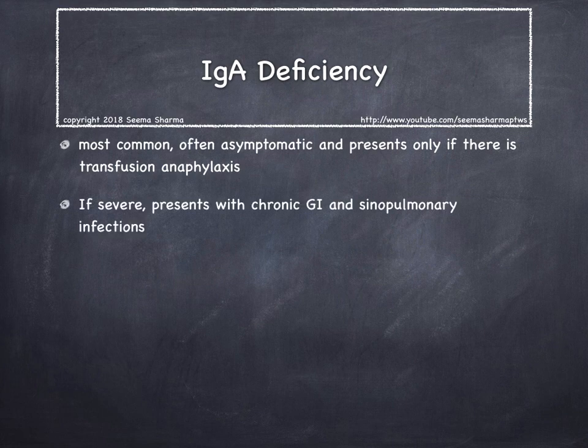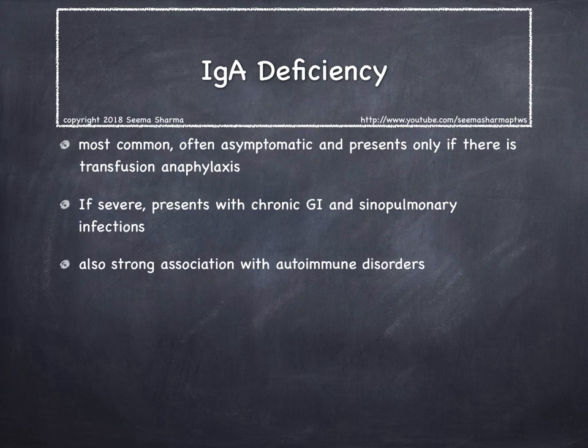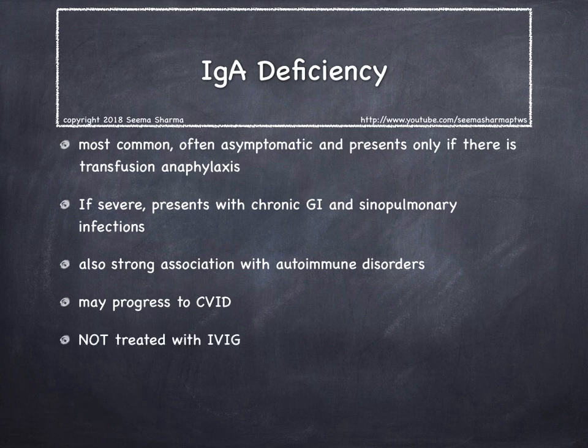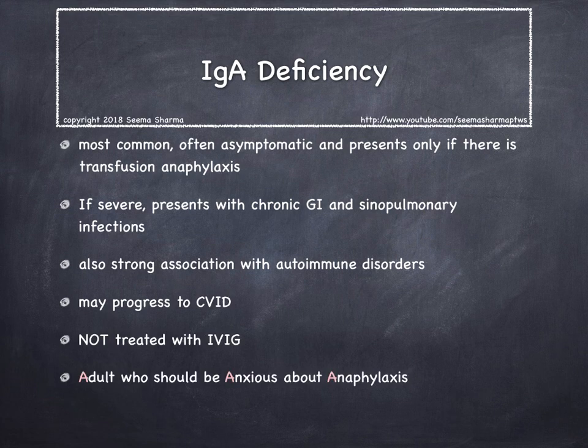If IgA deficiency is severe, it can present with chronic GI and sinopulmonary infections. This also has a strong association with autoimmune disorders, and in some cases it may progress to chronic variable immune deficiency. This, however, is not treated with IVIG, and I remember this by adult who should be anxious about anaphylaxis.